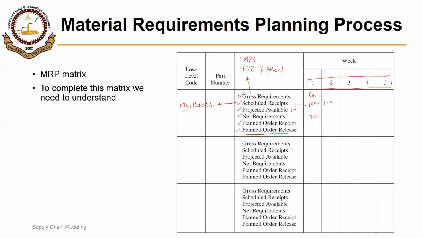We need 500, but we already have 100, and we have 100 items to be received. So the net requirements will be 300.